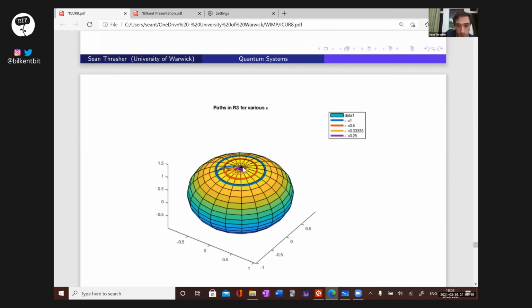So what does this data mean? I've plotted the trajectories for various values of epsilon. Epsilon equal to 1 is this, and notice how it's a wider trajectory. Now, what does this mean again?